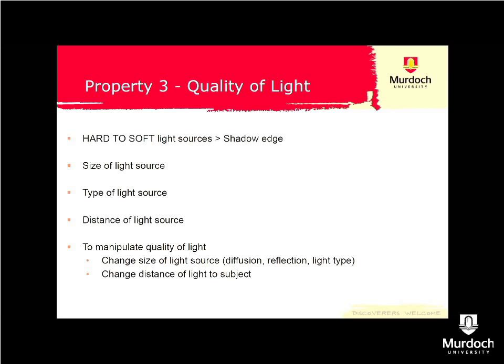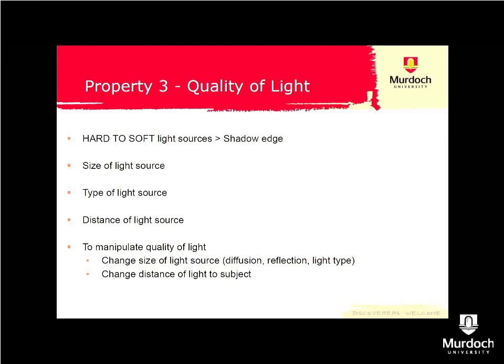And there's a few things involved in doing this. We can change the size of the light source. We can change the type of light source. We can change the distance of the light source.